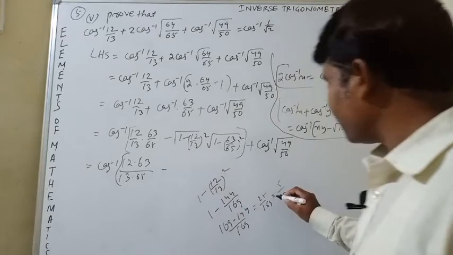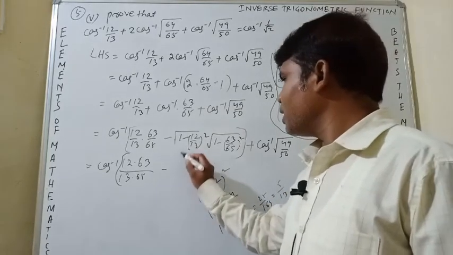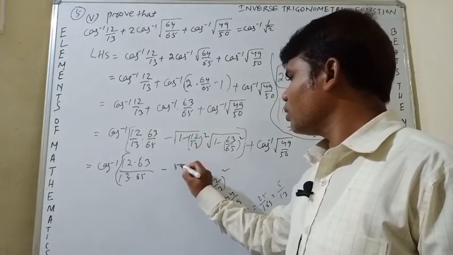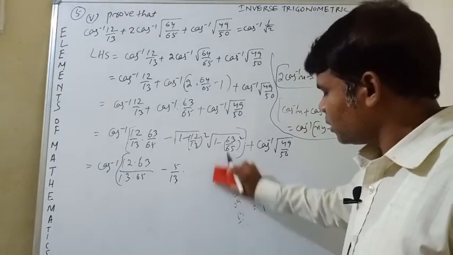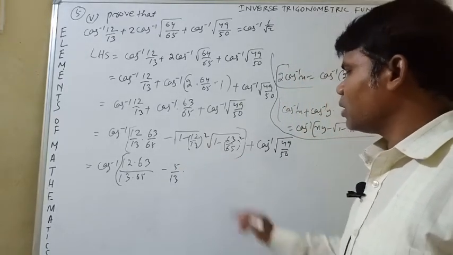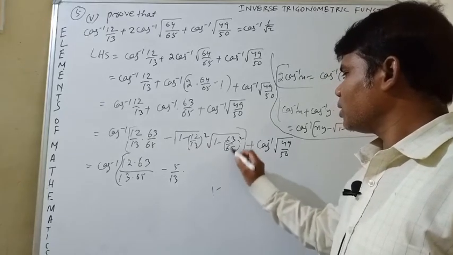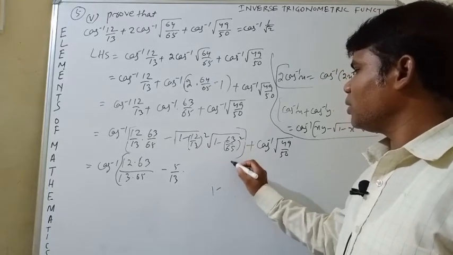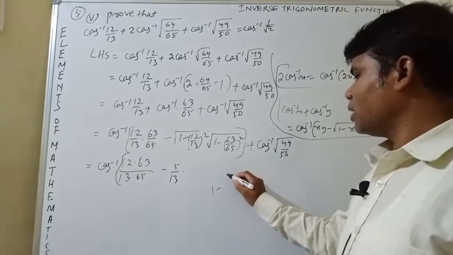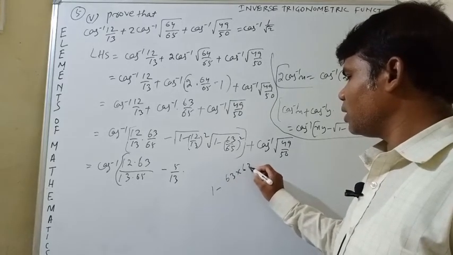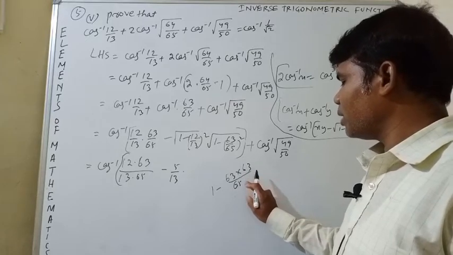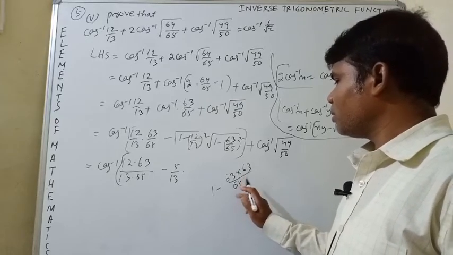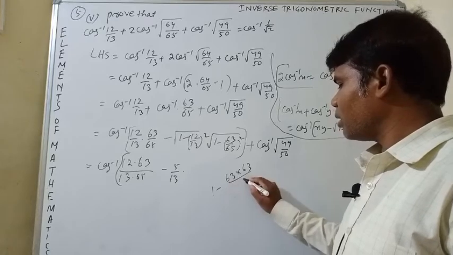So this is equal to 5/13 into root over 1 minus (63/65) square. 65 square is equal to how much?